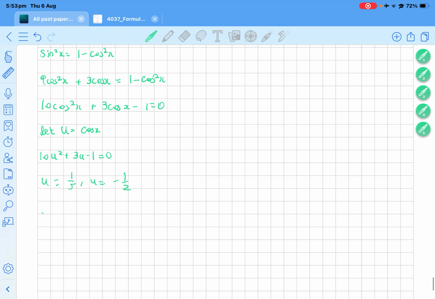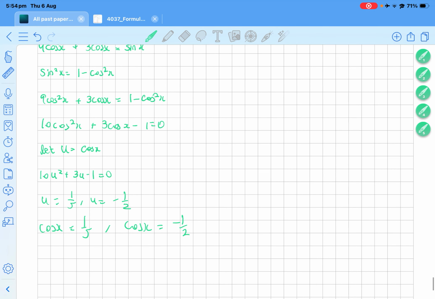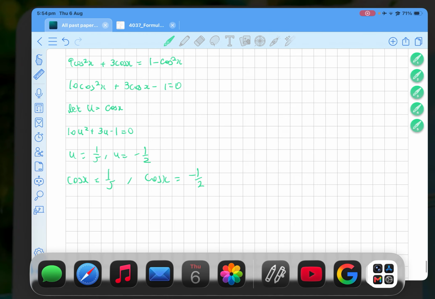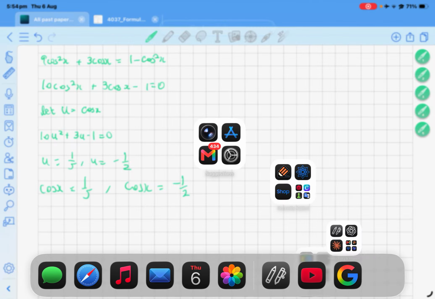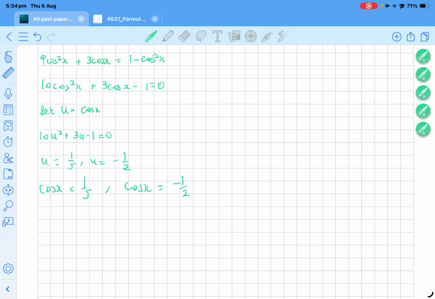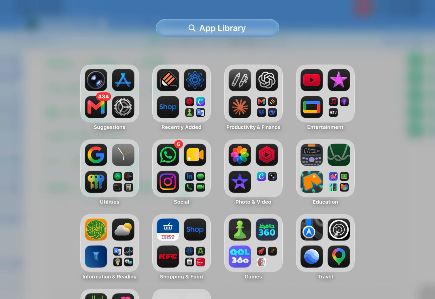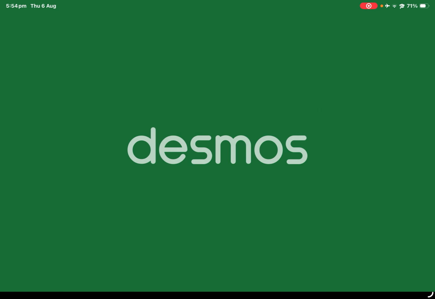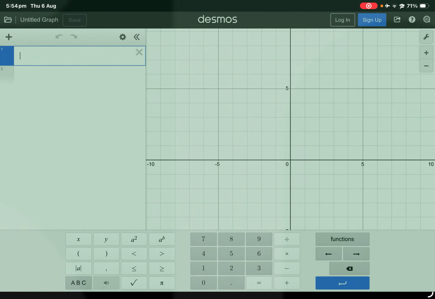So cos x equals 1 over 5 and cos x equals minus 1/2, and we have to solve from 0, so we can use Desmos, a handy partner, just here to help you guys out.